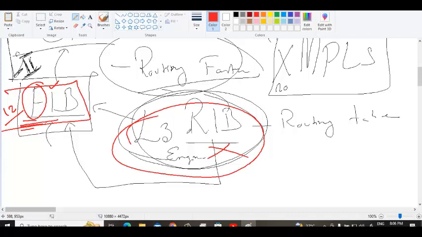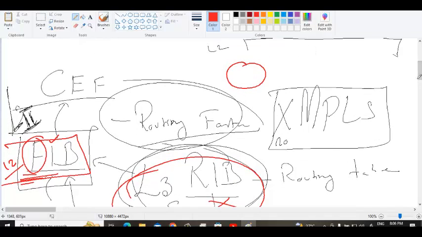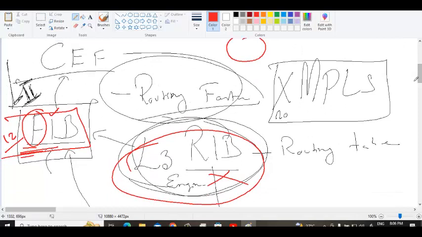Do you agree with this? Now, when these two things are added together, your routing is going to be much faster. See, in CEF, you still need to read the Layer 3 header, isn't it? Now, after MPLS, that label number will be added to CEF itself.